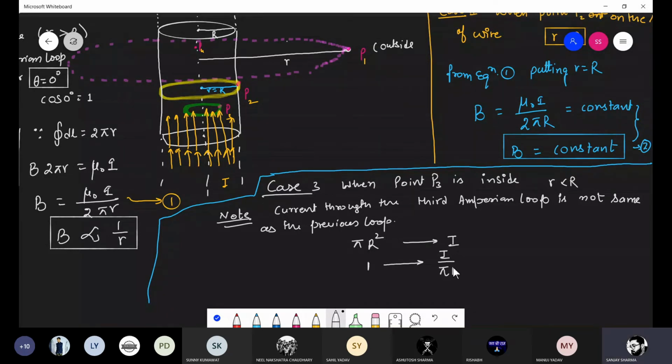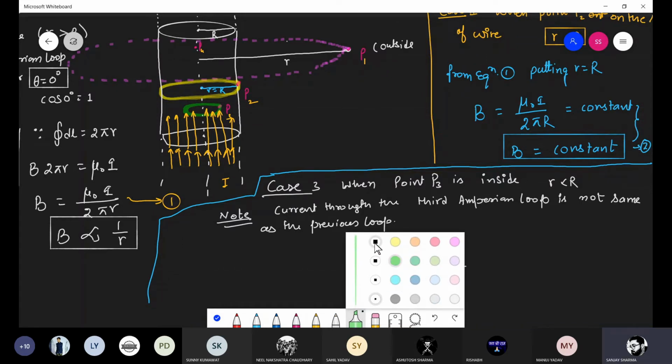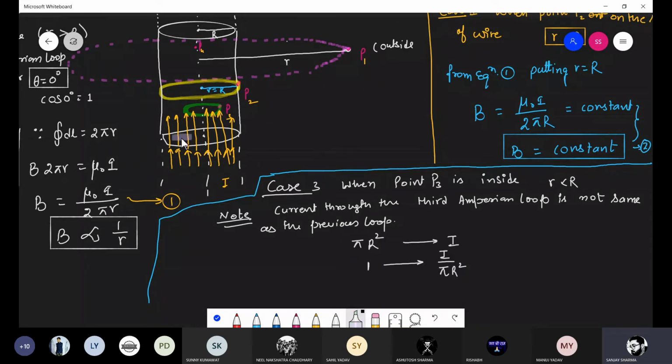So it is I upon pi r square. ठीक है ना. देखिए दोबारा से इसको समझिए, पाई कैपिटल आर स्क्वायर एरिया से, यानी कि ये जो हमारे पास एरिया गिवन है, लेट मी हाईलाइट दिस एरिया. ये जो मेरे पास एरिया है, इस एरिया से टोटल अमाउंट ऑफ जो करंट फ्लो होती है, दैट इज कैपिटल आई करंट फ्लो होती है. ठीक है. देन व्हाट इज द करंट फ्लो थ्रू द यूनिट एरिया, दैट इज आई अपॉन पाई आर स्क्वायर.